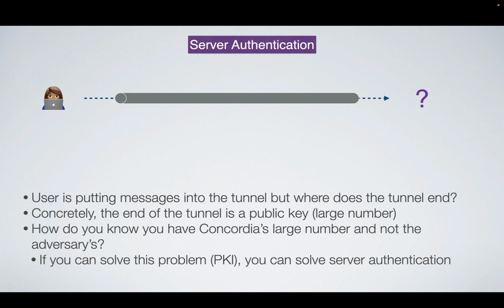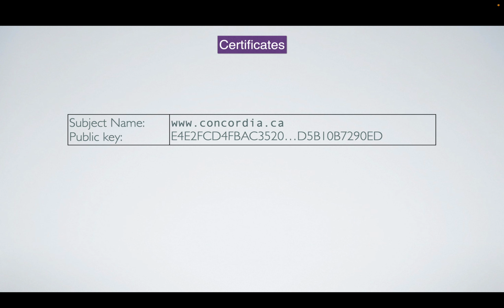So you may have heard of certificates, and they are a part of the puzzle. If I can get a certificate for Concordia, then I can get Concordia's public key. So a certificate is basically like an entry in that imaginary phone book, but instead of there being one phone book where everything's written down, what servers do is they keep their record on the server.